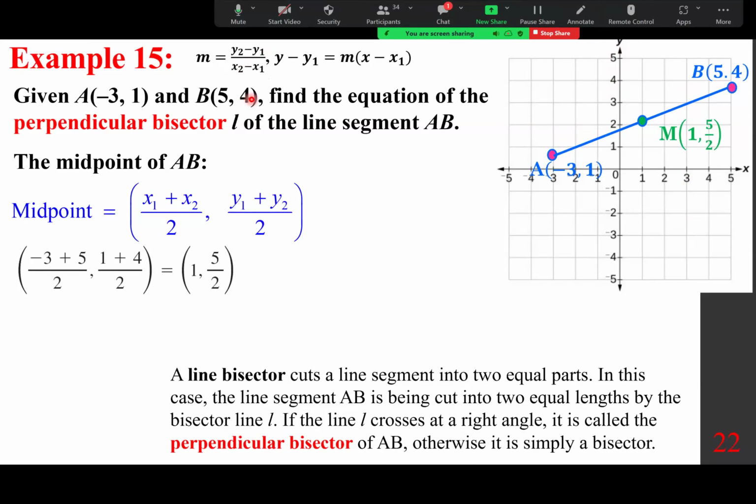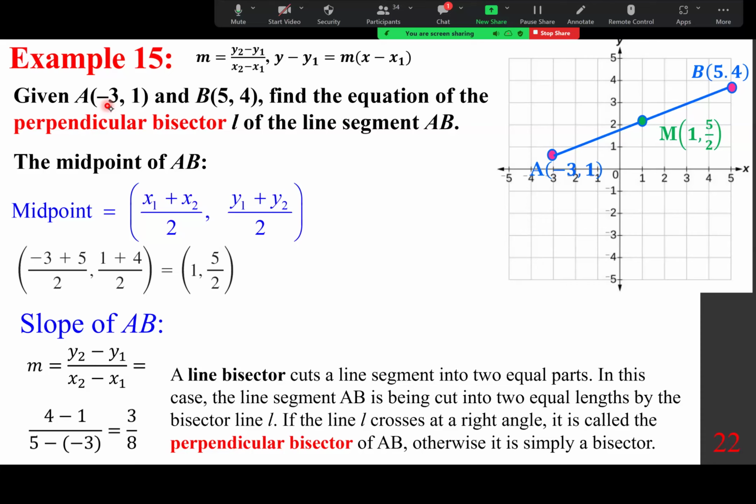That means 4 minus 1 over 5 minus -3. That means 3 over 8. This is the slope of the blue line that contains A and B, but we want a perpendicular line to that. So what we want is the negative reciprocal.